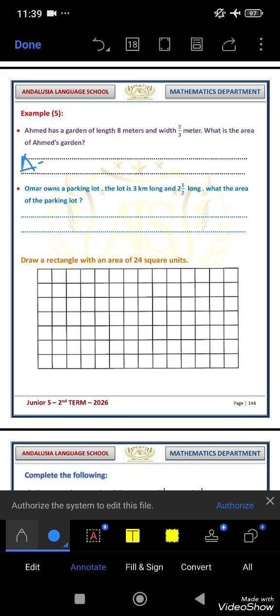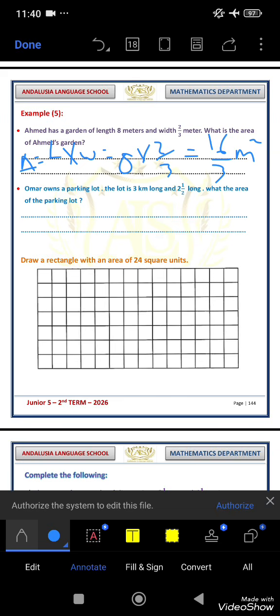Area equals length times width. So 8 times 2 over 3. 8 times 2 is 16 over 3 meter square.